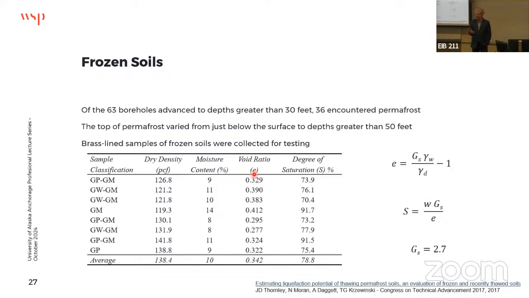At another site in Fairbanks that I was working on, we definitely had thaw stable soils. It didn't matter how much ice you thawed out of there, the soil was so packed together that you wouldn't have a liquefaction problem, or settlement.